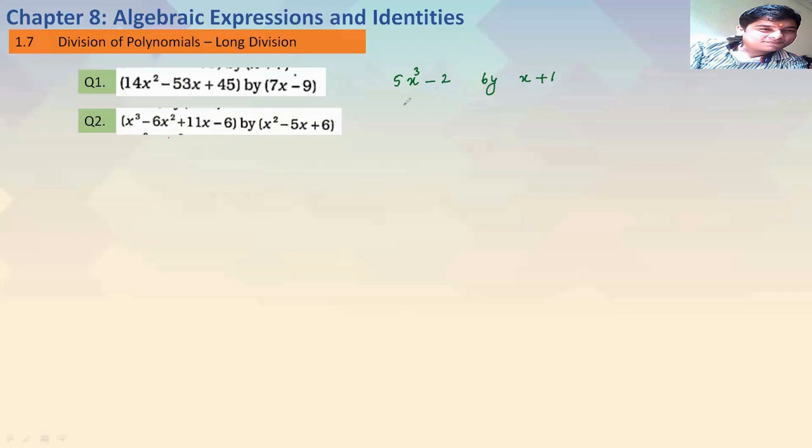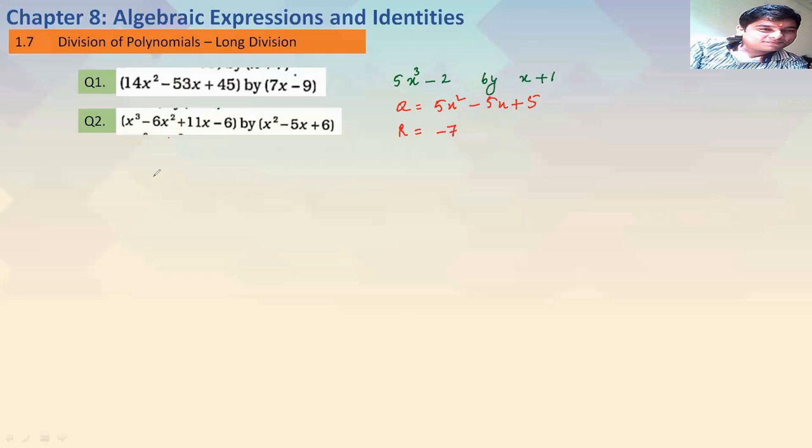What did you get as quotient and remainder? The quotient I got is 5x squared minus 5x plus 5, and the remainder I got is minus 7. Negative 7. Okay, let me try it.